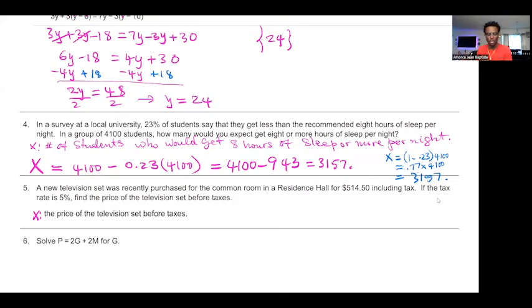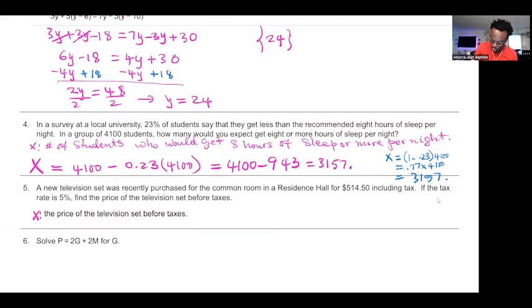Now let's see. When you add the price of the TV before tax and the tax, it will give you the actual amount you spend to get that TV.